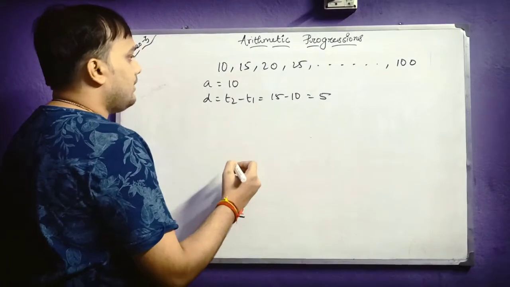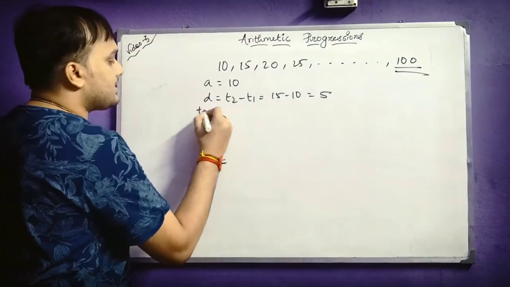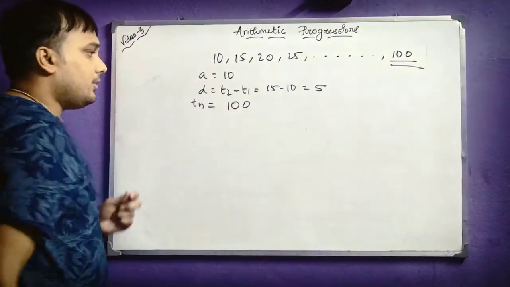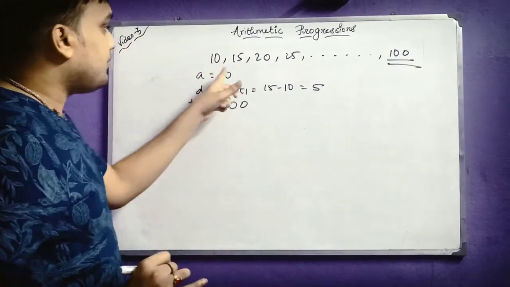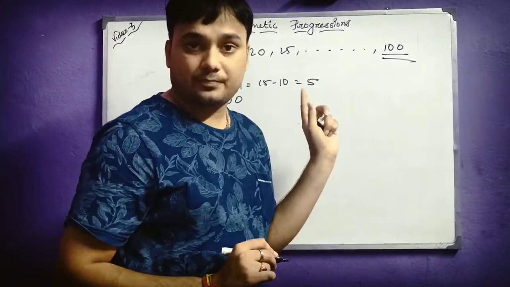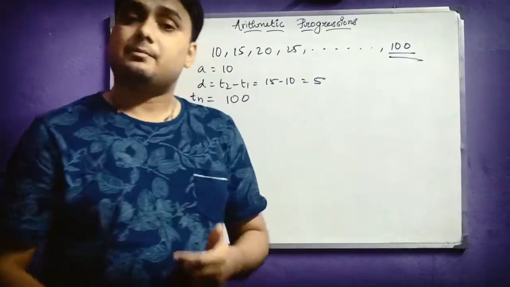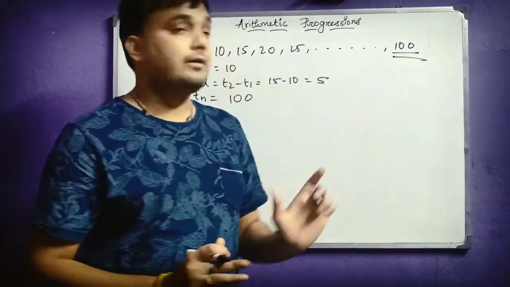And the last term Tn is equal to 100. So students, if we want to find the sum of all these terms, that means I have to add 10 plus 15 plus 20 plus 25 plus 30 plus 35, dot, up to 100.